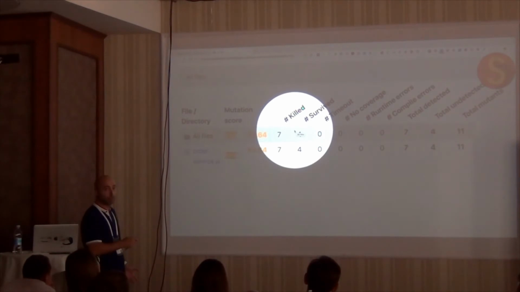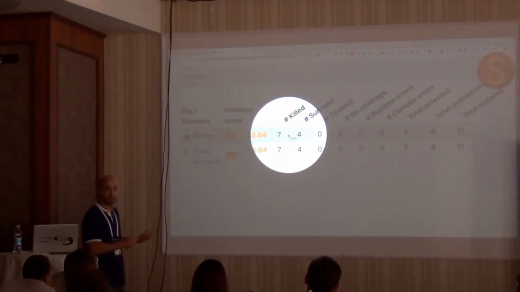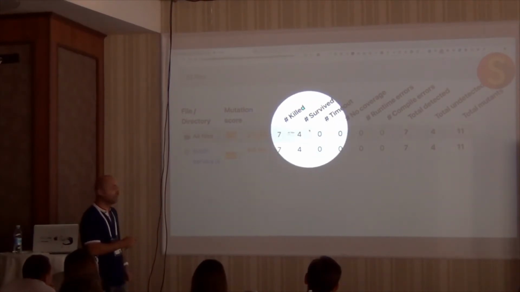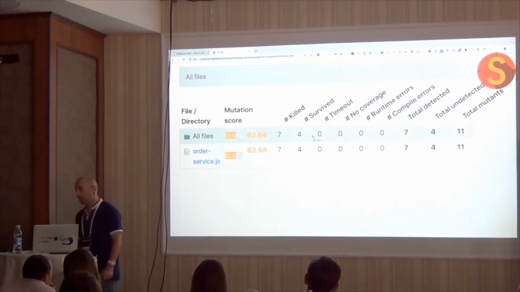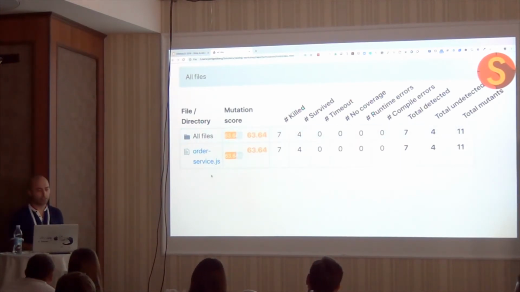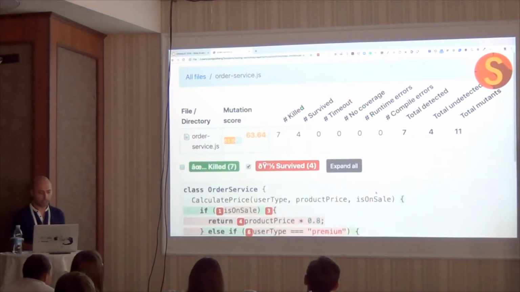Killed is a good thing. It means you changed a line and the test failed. Your test killed the mutation, great. Survived means that your test didn't notice the code change, and this is of course bad. So your goal is to have as many mutations killed as possible. You can count it in your CI.